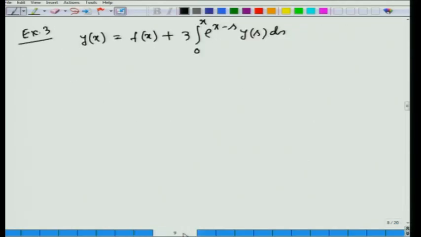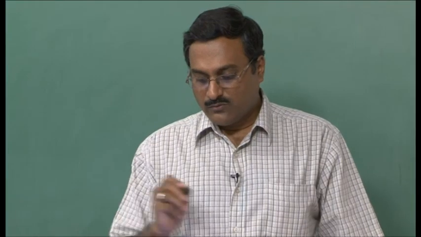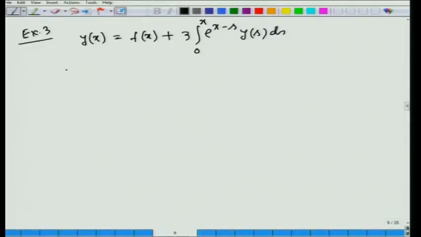Here, if we take the Laplace transform of both sides, this is actually the convolution of e to the power x and y(x). So, taking the Laplace transform, we can find Y(alpha) equal to F(alpha) plus 3 divided by (alpha minus 1), multiplied with Y(alpha).